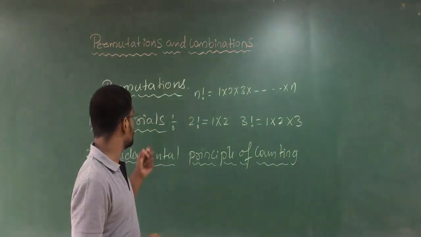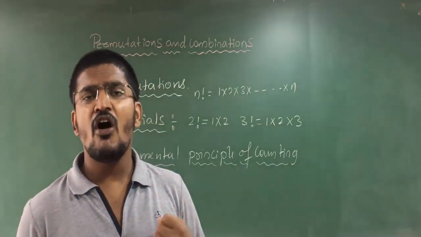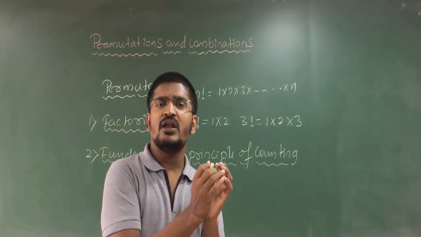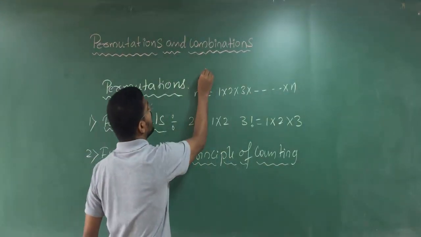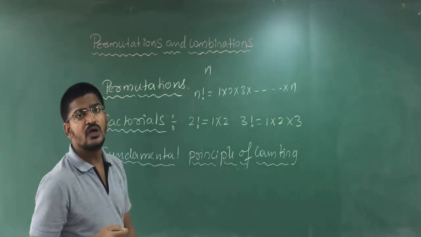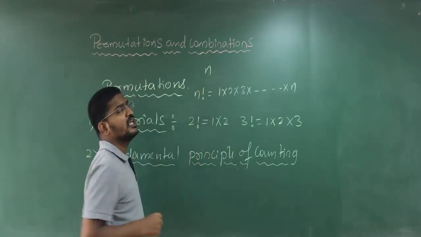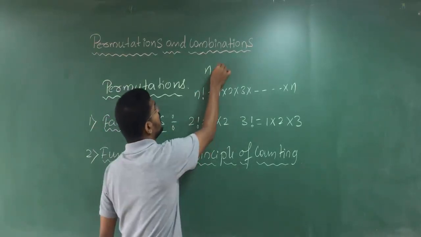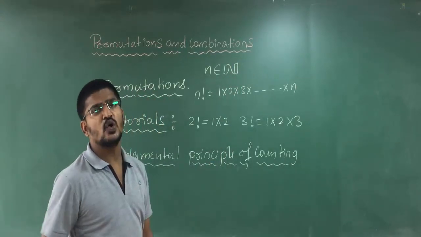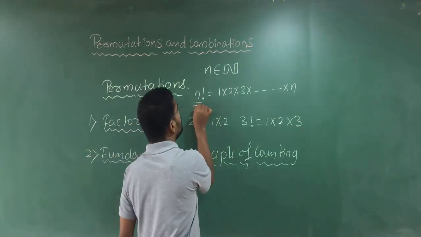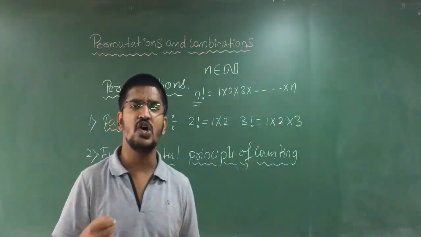Clear? So factorial means the multiplication of the given number with the previous numbers. If I give you n as a positive integer, a natural number, and I ask you to find the factorial, your n factorial will be 1 multiplied with 2 multiplied with 3 and so on to n.